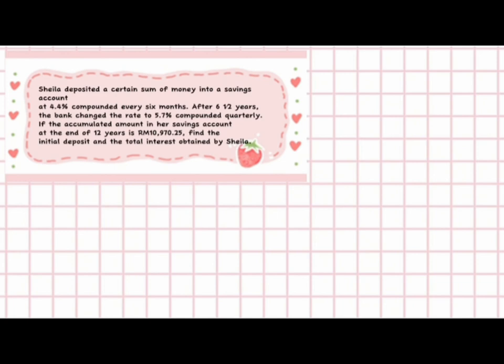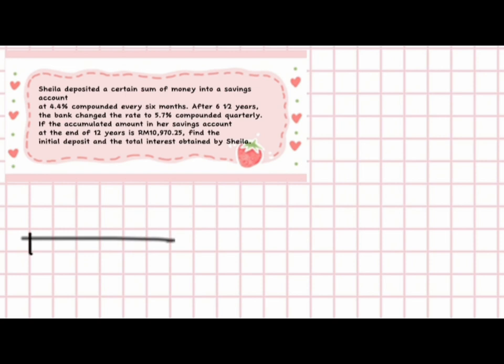Sheila deposited a certain sum of money into a savings account at 4.4% compounded every 6 months. After 6.5 years, the bank changed the rate to 5.7% compounded quarterly. If the accumulated amount in her savings account at the end of 12 years is 10,970.25 ringgit, find the initial deposit and the total interest obtained by Sheila.